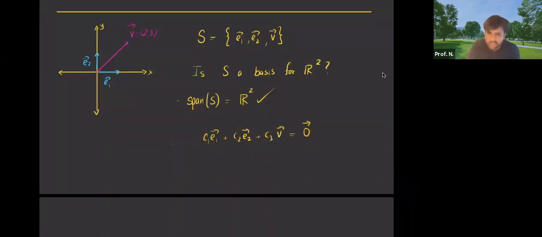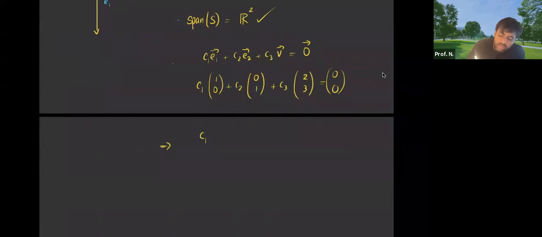It always is a solution. The question is, is it the only solution? So we have C1 times (1, 0) plus C2 times (0, 1) plus C3 times (2, 3). Does this equal (0, 0)?